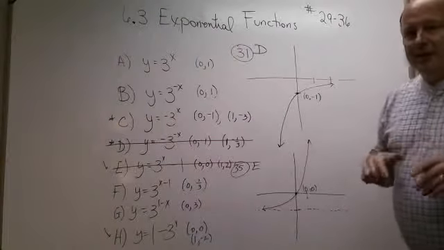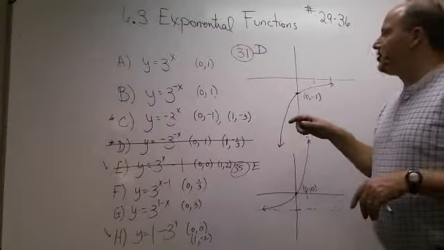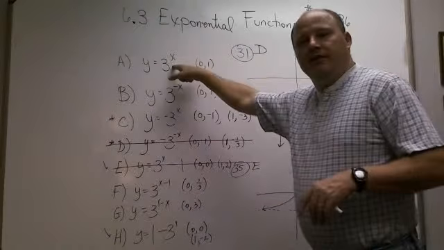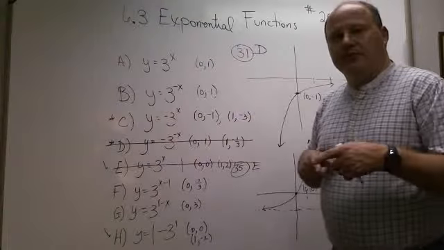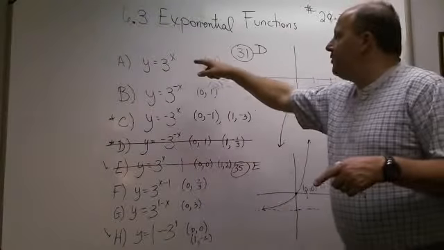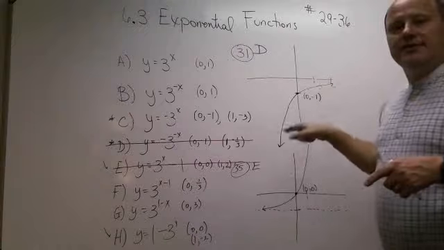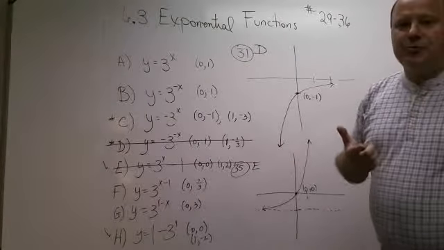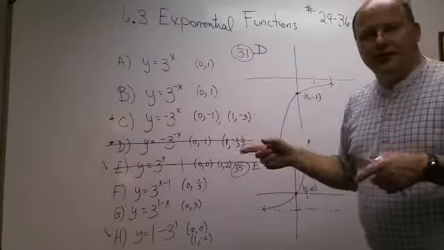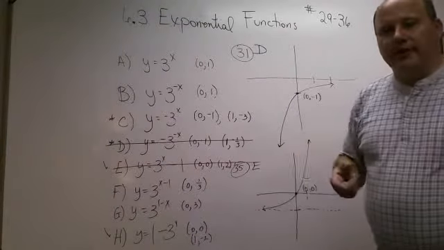Some people don't do it that way. Some people will just go through and graph A, graph B, graph C. In other words, do it backwards. Graph A, and then see which one it's assigned with. The problem with that is sometimes not all the problems are assigned. You may be doing just multiples of 3.